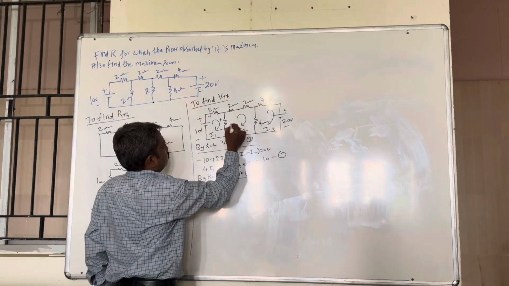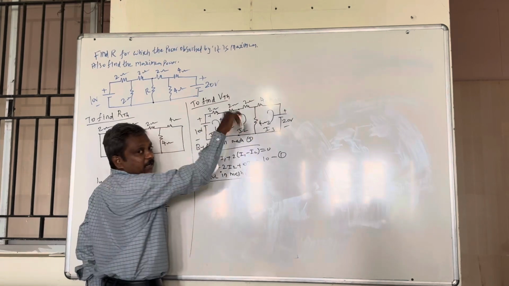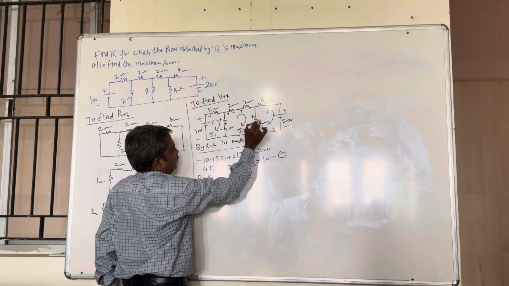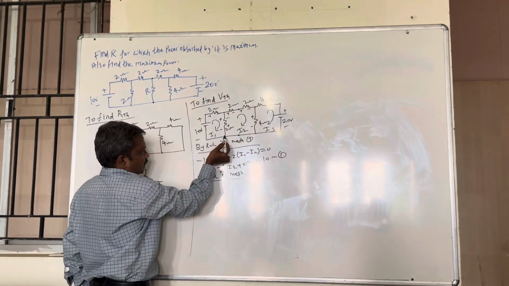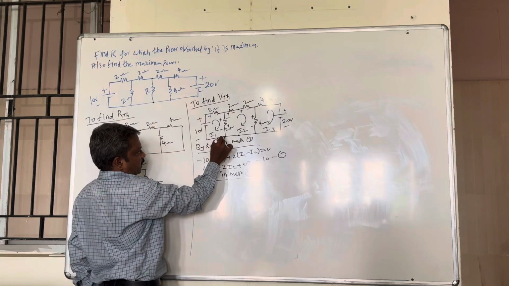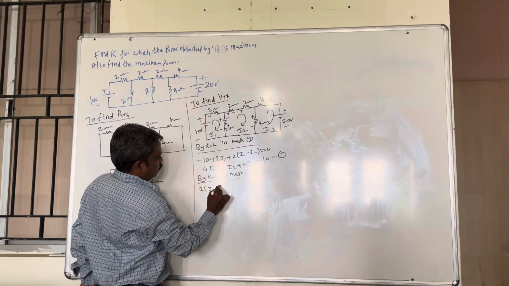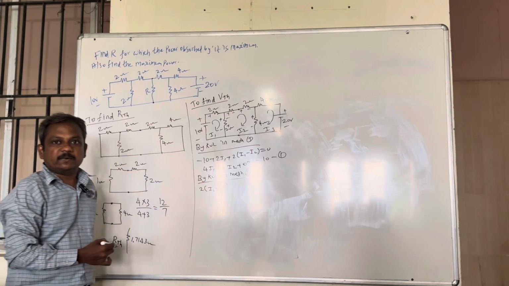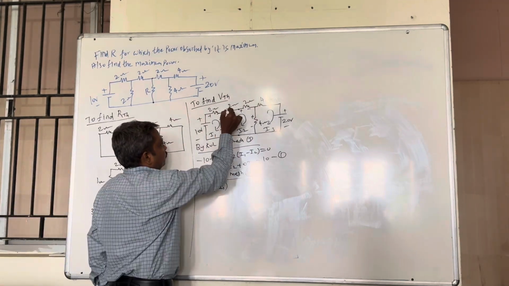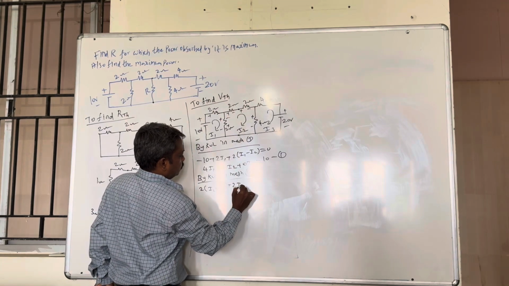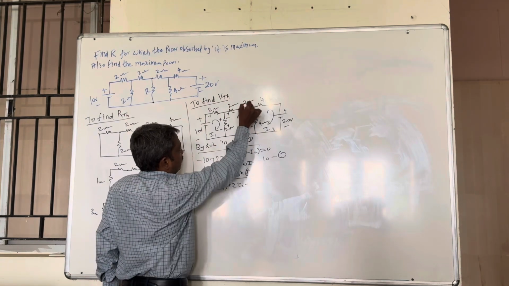By KVL in mesh 2, I have assumed clockwise direction, so entry plus, leaving minus. I am starting from here, you can start anywhere. 2 (I2 minus I1). I am writing mesh equation 2. Here only I2 is flowing, 2 I2, plus here also only 2 I2.